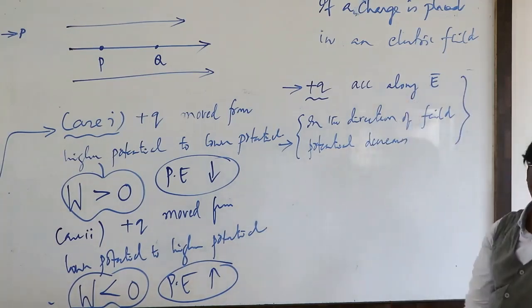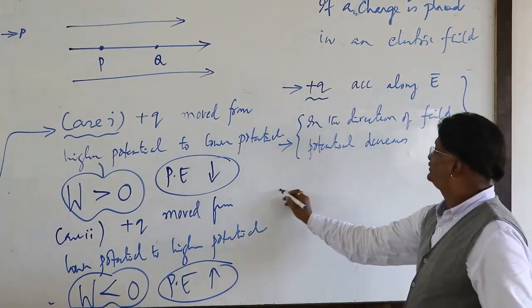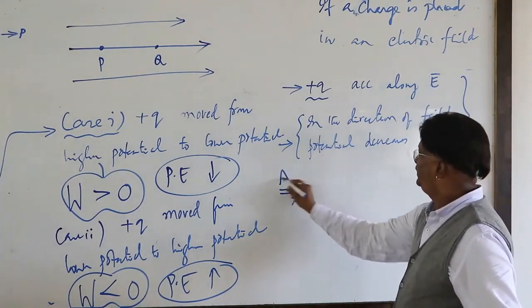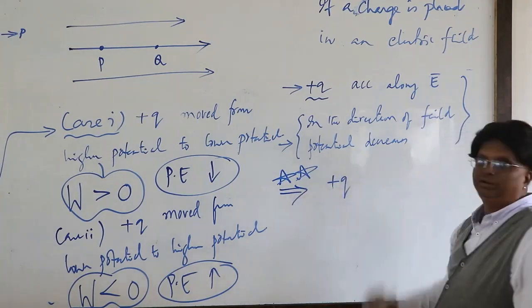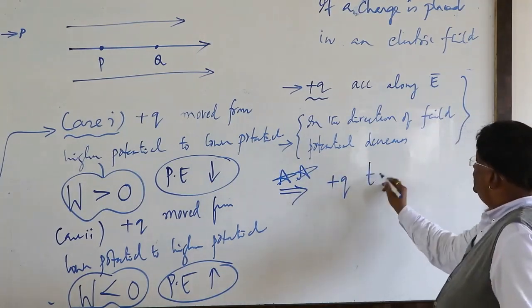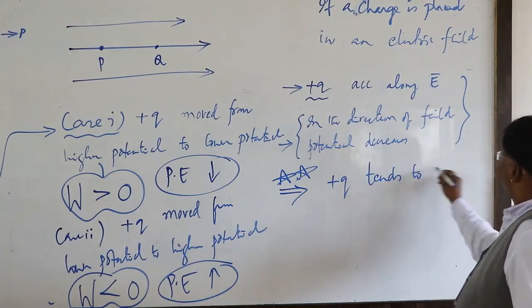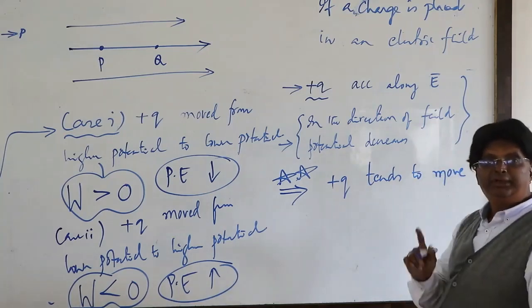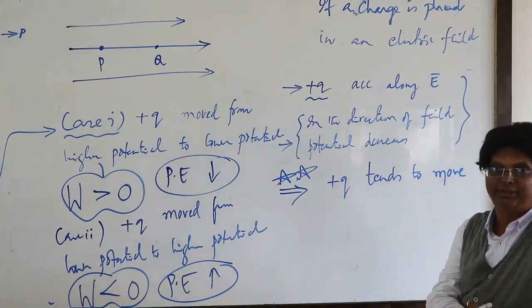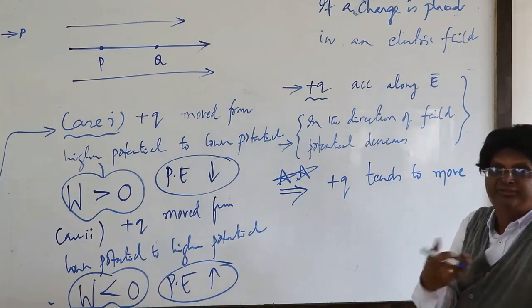Now I will combine these two results. What is that you get? So the combined result will give you, I will write it as a big star mark, that positive charge tends to move, displace. It is its natural tendency. I am telling you, we are not using any external agency for that.